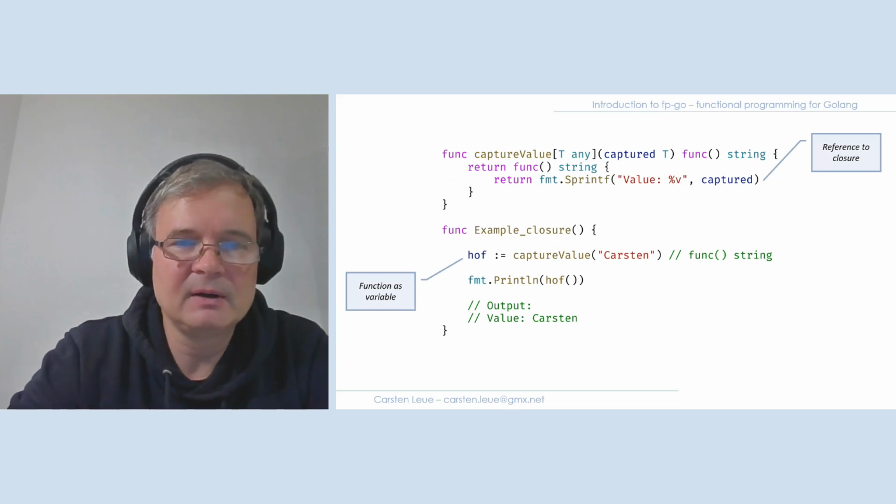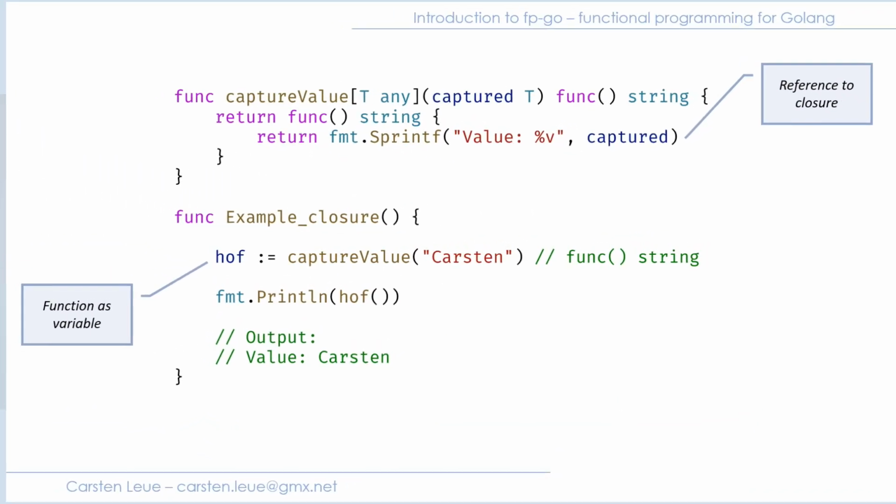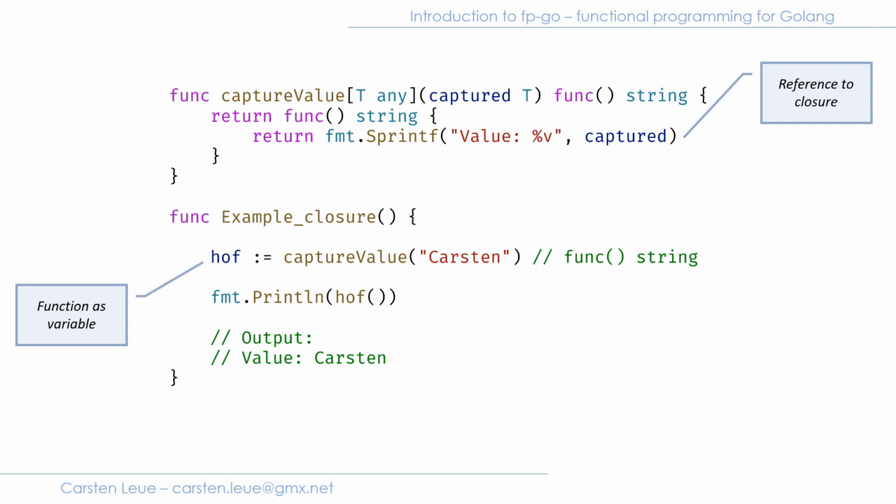In my second example, I have an example of how a closure looks in Go. You can see this here in capture value. Again, we see that this works very well together with generics. In this case, T is again the type parameter, but it's not constrained. It has the any type.